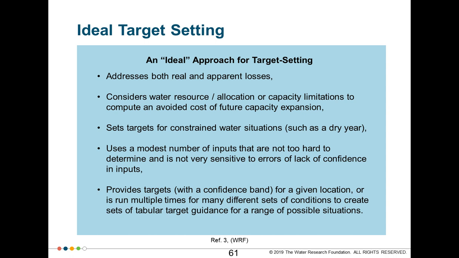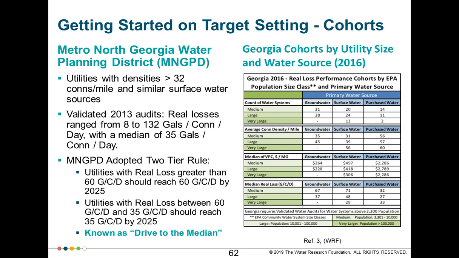It covers real and apparent losses, considers resources and capacity limitations, sets targets for normal and constrained situations, is not an enormous project with a huge data collection process, but gives location-specific targets. Now, again, it's ideal. I'm going to show you two concepts that work towards that.